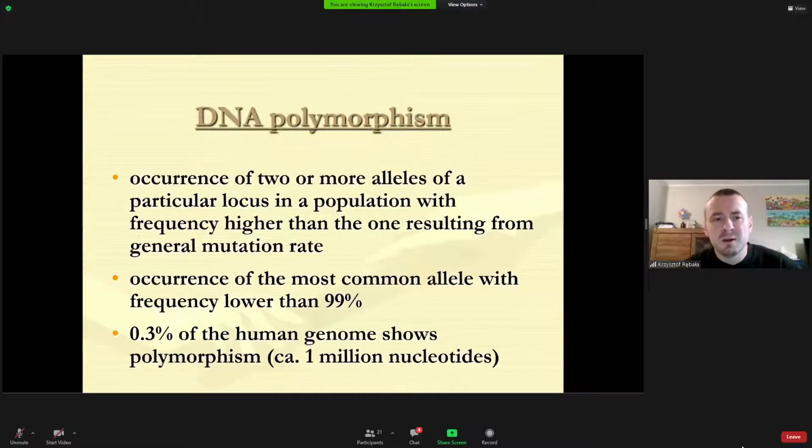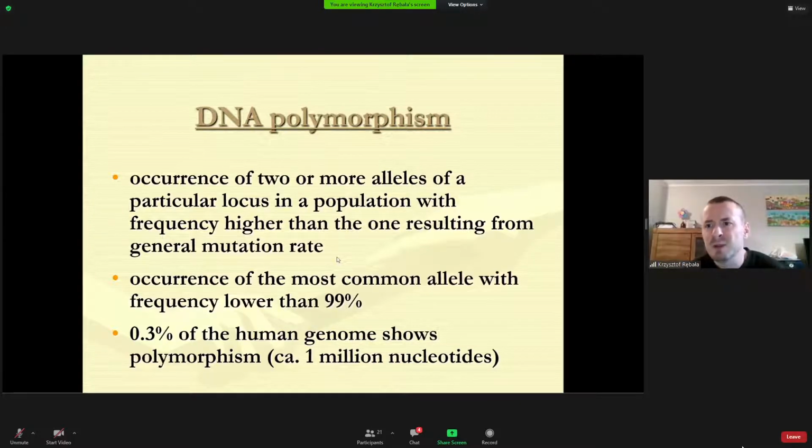Just to remind you what DNA polymorphism is. By definition, it is occurrence of two or more alleles of a particular locus in a population with frequency higher than the one resulting from general mutation rate.